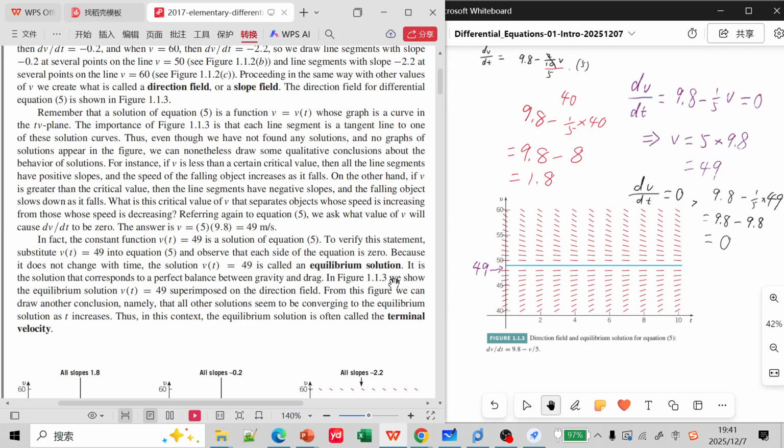This means that above, solutions seem to converge to this line, and below, they also seem to converge to this line. Thus, in this context, the equilibrium solution is often called the terminal velocity.